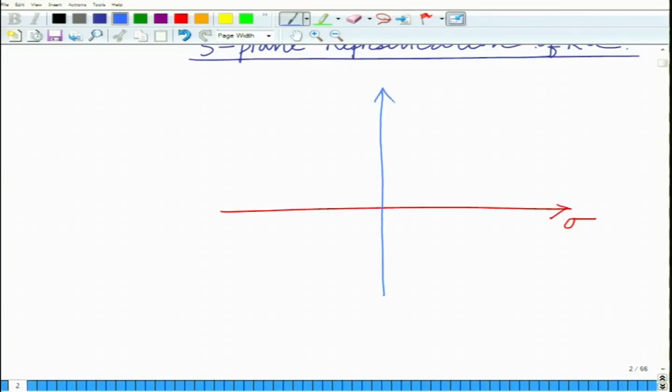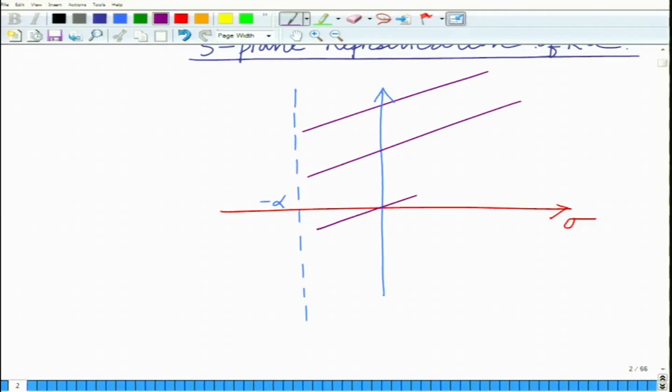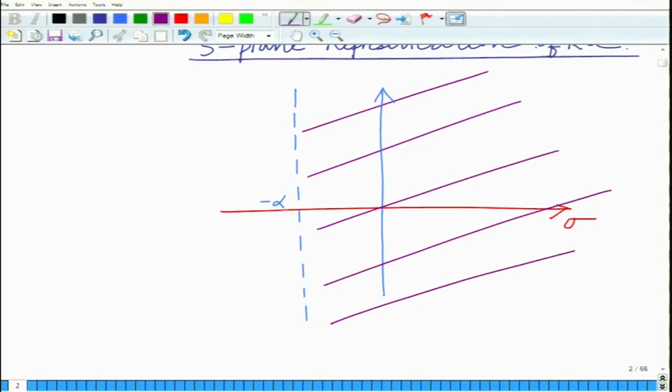Okay. And we have, let us say, this is minus alpha, considering alpha to be greater than 0. The ROC is basically this entire half of the S plane, which is the real part of S greater than minus alpha. Remember, it does not include the line corresponding to minus alpha, because the real part of S is strictly greater than minus alpha.